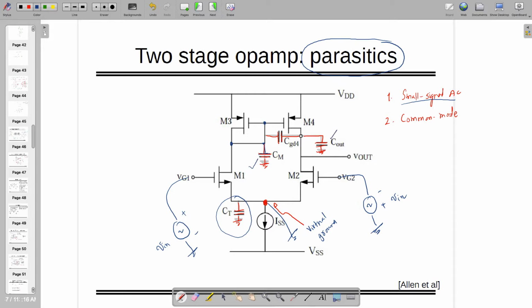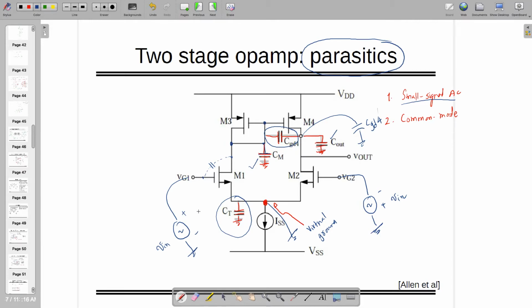This one is useful, this one is useful, but this one can be replaced using Miller. So effectively there is one capacitor here, right? And one capacitor somewhere here, right? So you can write down the effective resistance looking into the parallel of this capacitor, and you can find out the respective poles and zeros.